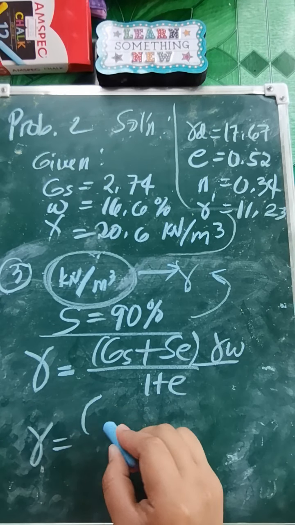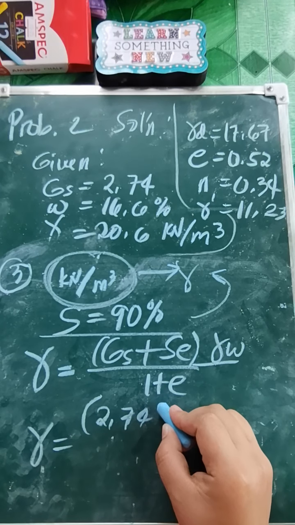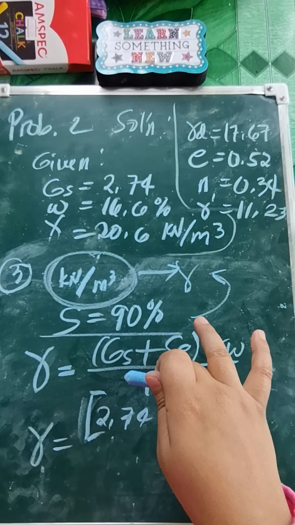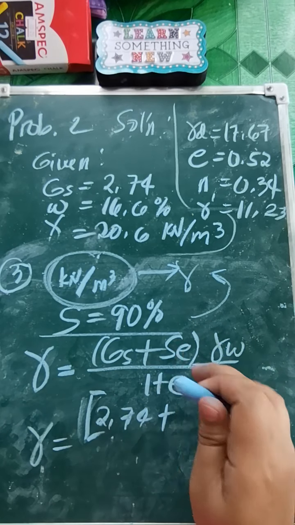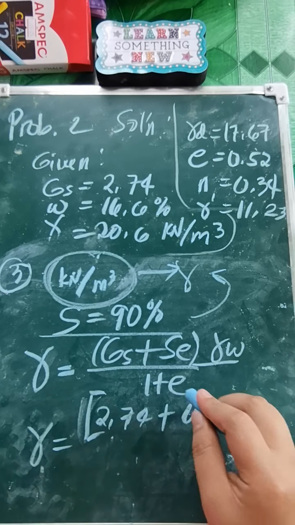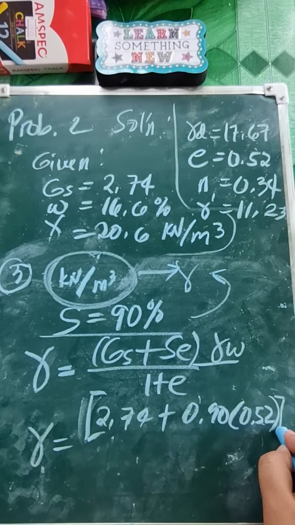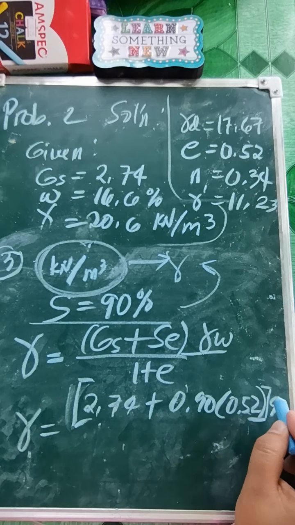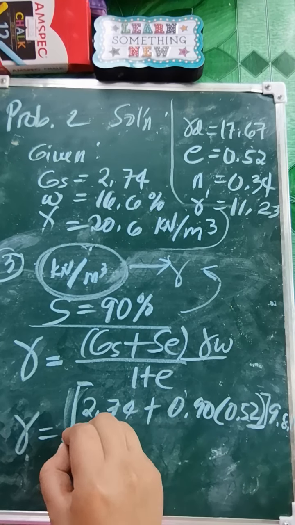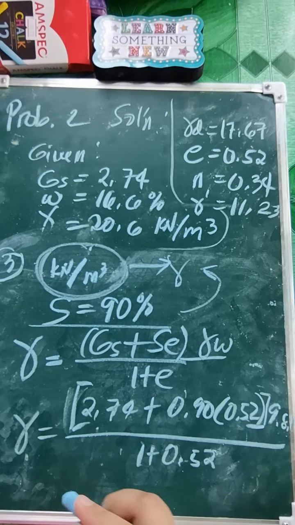We have our GS, that is 2.74, plus we have the degree of saturation in terms of decimal, so this is 0.90 times our E, that is 0.52, multiplied by 9.81, divided by 1 plus 0.52.